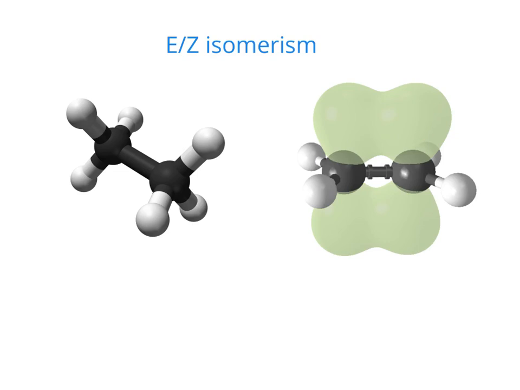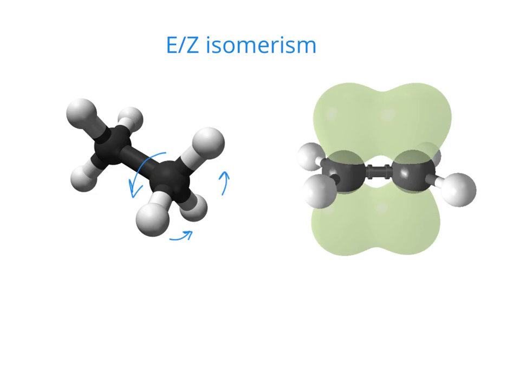So what that means is that there is free rotation around ethane. So any of these hydrogens can move and be opposite any of the other hydrogens, and in fact that movement is happening all the time. So these atoms are completely switching places all the time.